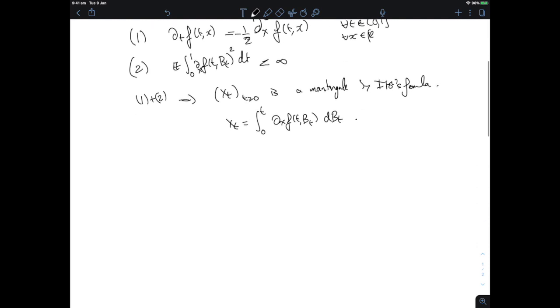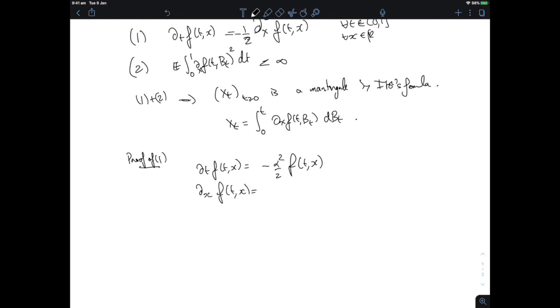Let's check them. So proof of 1. Well, we just need to compute the partial derivatives. What is the partial derivative in t of f(t,x)? This is minus alpha squared over 2 times f(t,x), because f(t,x) is defined as an exponential of alpha x minus alpha squared over 2 times t. So this is what happens when I differentiate with respect to t. What about x?